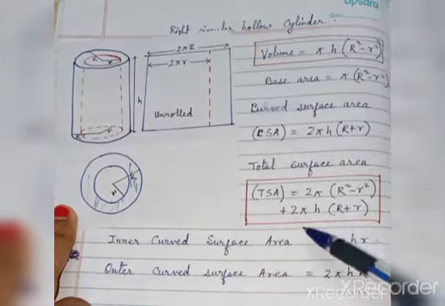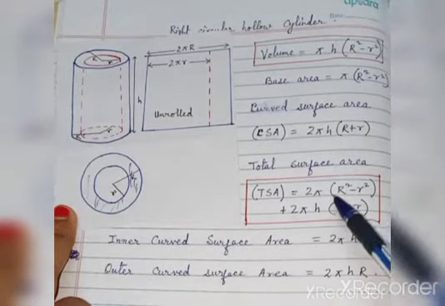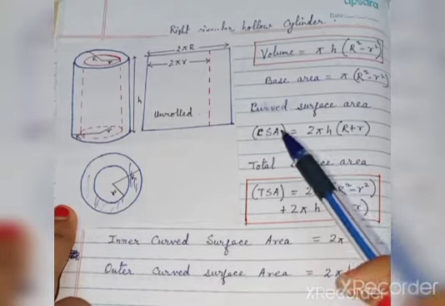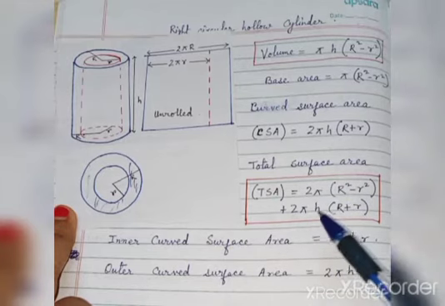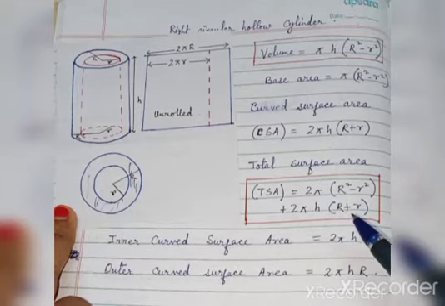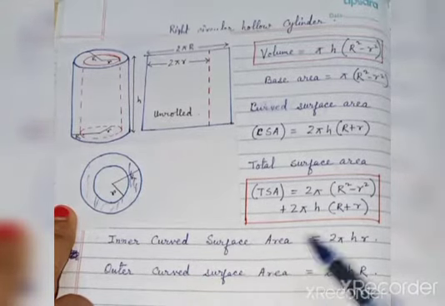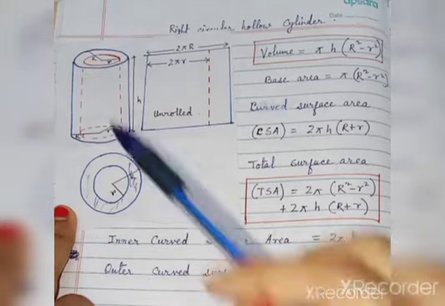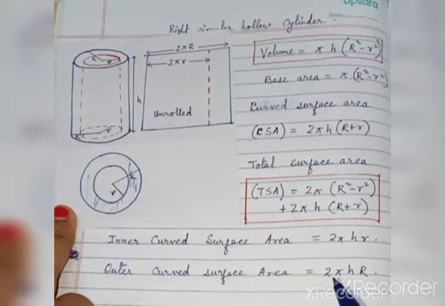So 2 pi into capital R square minus small r square, plus the curved surface area for outer and inner both, 2 pi h under bracket capital R plus small r. Suppose we have to find the inner curved surface area, then that will be 2 pi h into small r, only the inner one. And for the outer curved surface area, that will be 2 pi h into capital R.